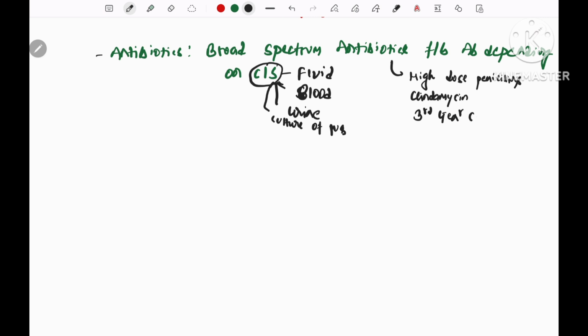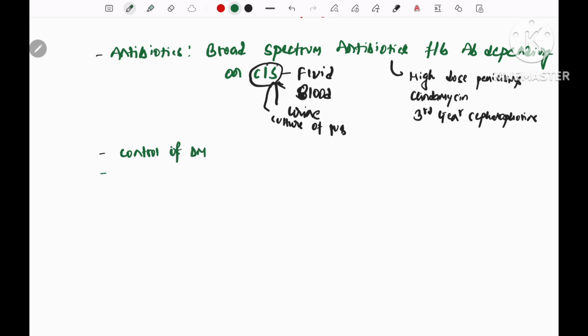These are all broad spectrum antibiotics. Apart from this, we also have to control the diabetes. So management of diabetes mellitus is also necessary.